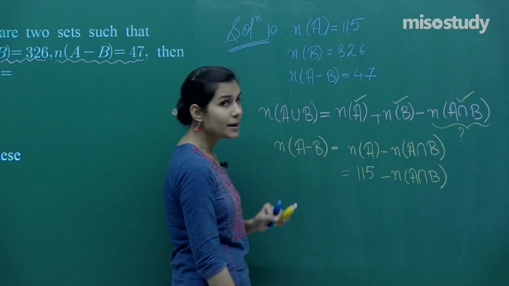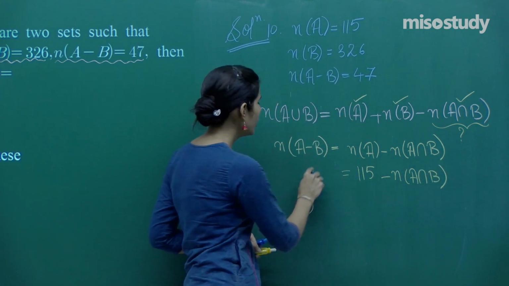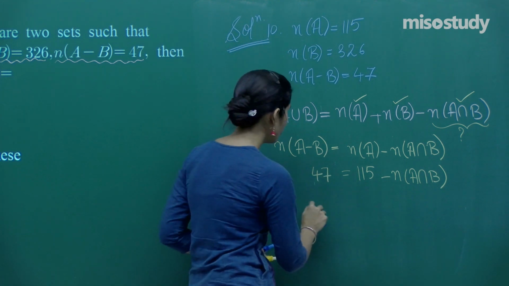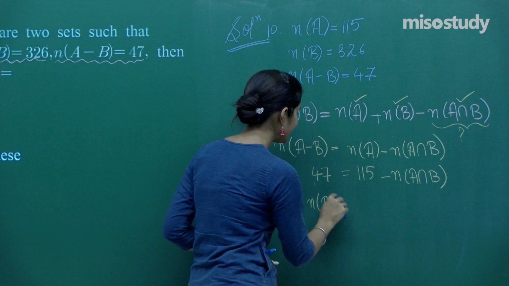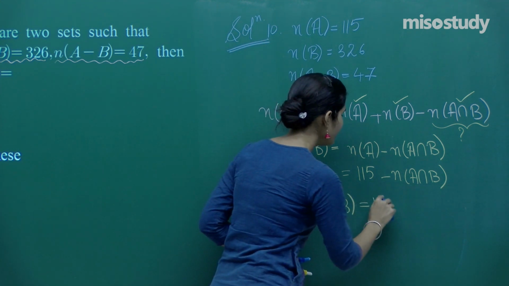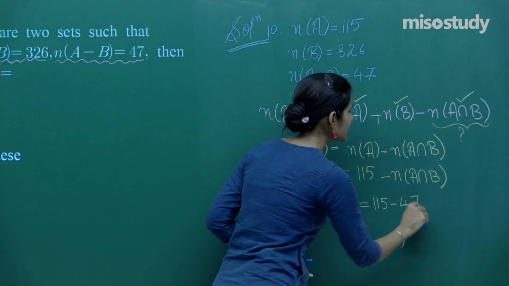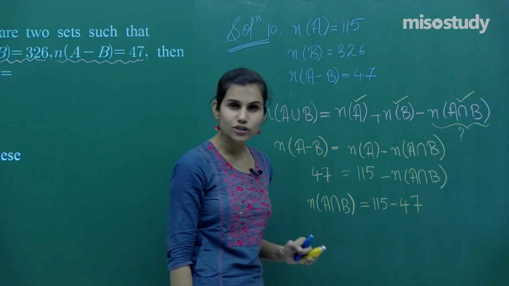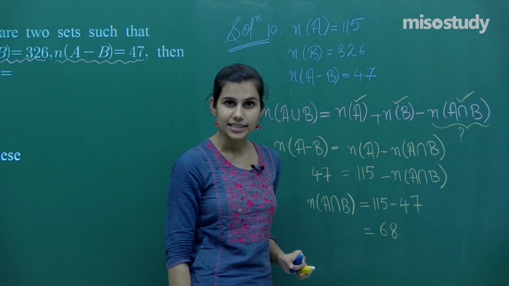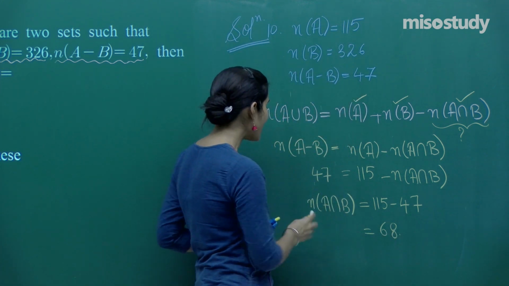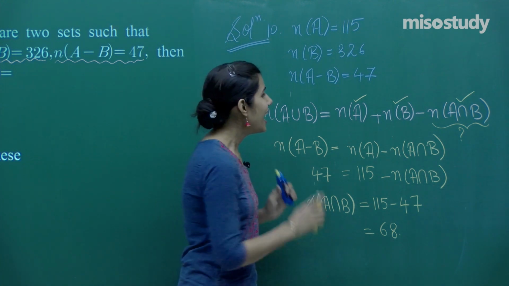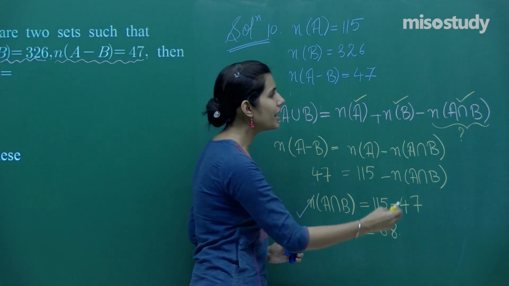But yes, I know the number of members in A minus B, which is 47. And therefore, the number of members in A intersection B turns out to be 115 minus 47, which is going to give you 68.